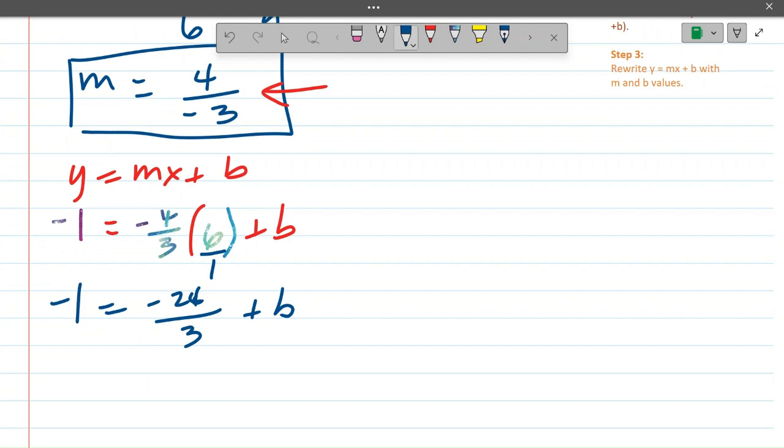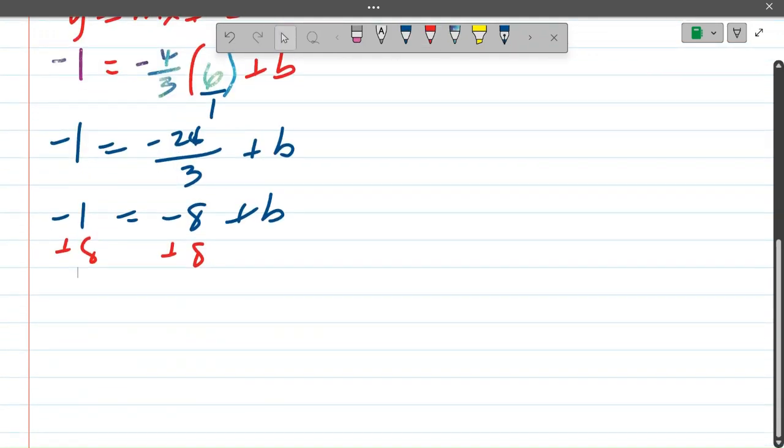So we'll go ahead and simplify this. -24 divided by 3 is -8, plus b. And now to solve for b, all we need to do is move 8 to the other side. I'm doing the inverse operation of subtraction, which is addition. And when we do that, we end up with +7 equals b.